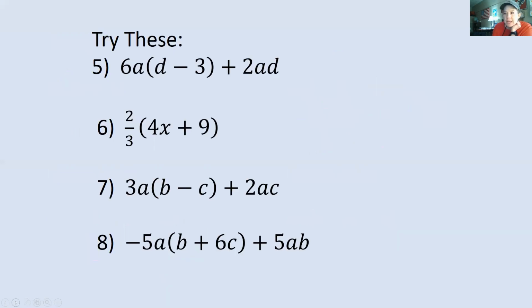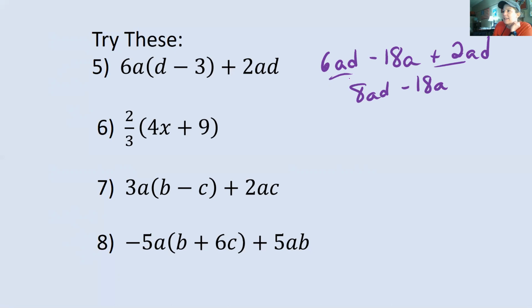All right, I hope you guys have a chance to pause the video and do these on your own. So we have 6ad minus 18a plus 2ad. So we have two like terms here. So we have 8ad minus 18a. All right, now we're going to multiply 4 times 2/3.